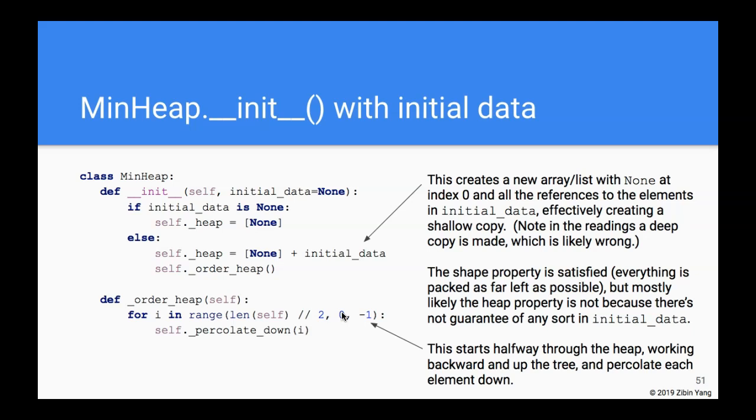So we don't go all the way back to 0. 0 has the None. We actually go all the way back to 1 and including 1. And we just call percolate down starting at that number. So we start in the middle, we go back 1, percolating down from there, go back 2, percolating down from there, all the way to the first element of the tree, or the root of the tree. So that's it, 2 lines of code.